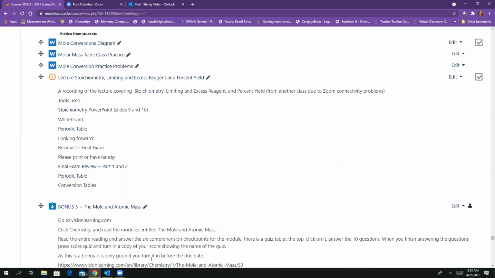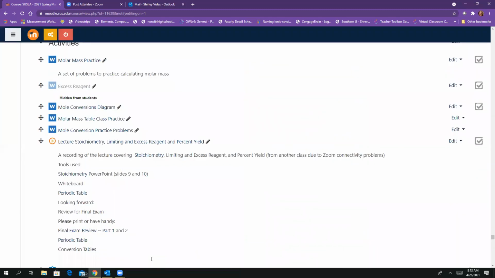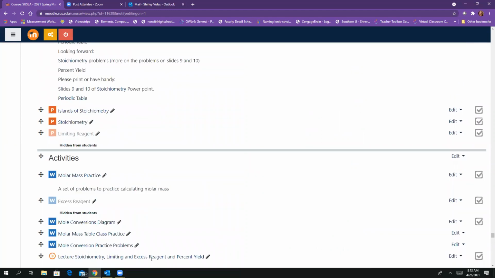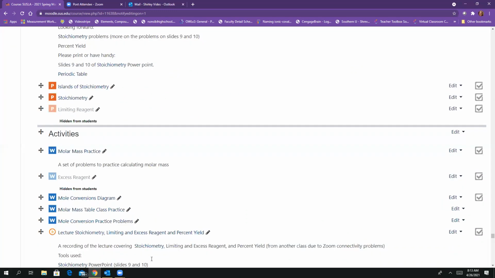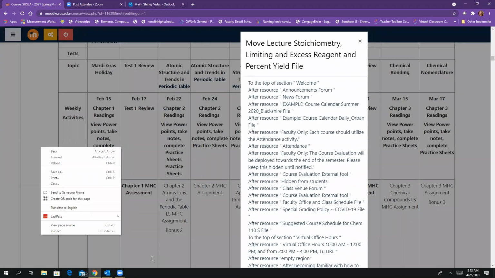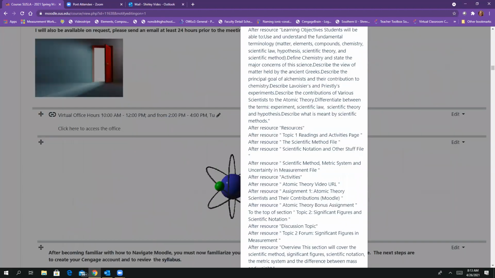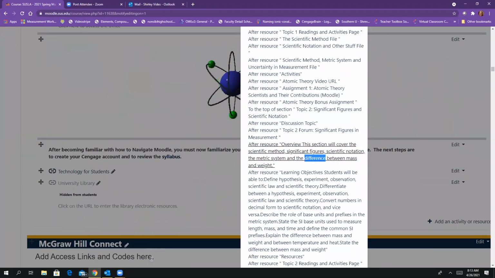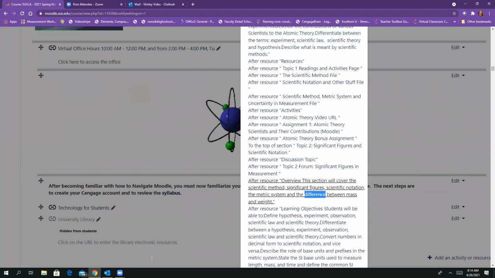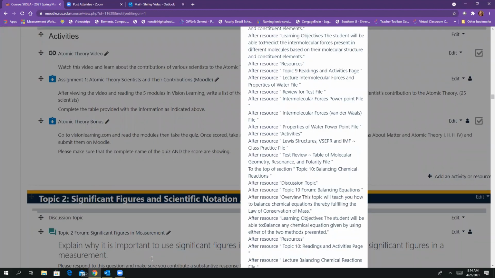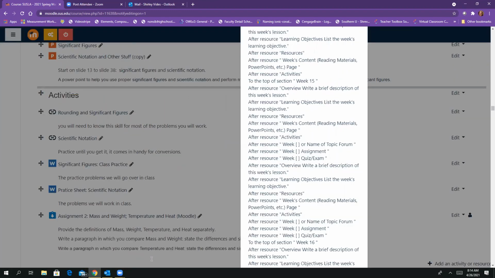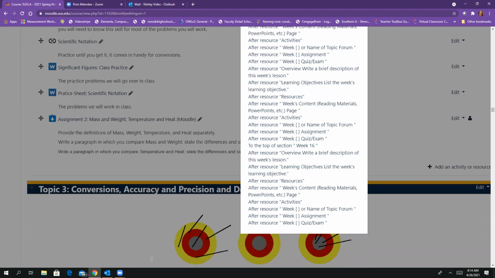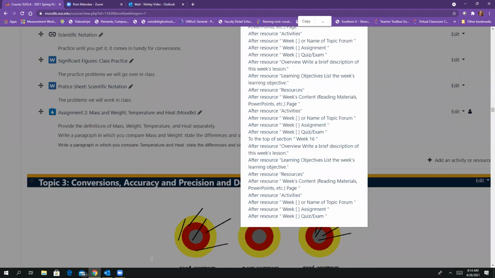I should move it. Not quite. Not quite. Still got a little bit longer. Trying to move it back where it belongs, but it's still hard because lecture.